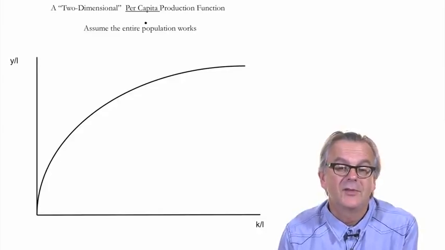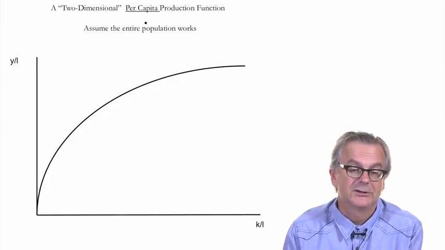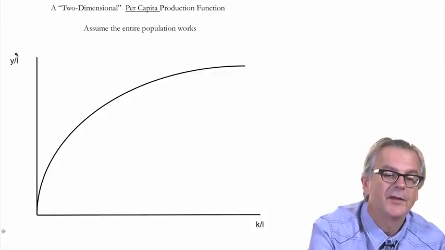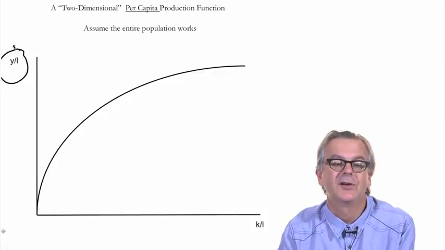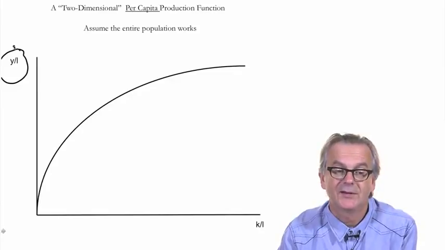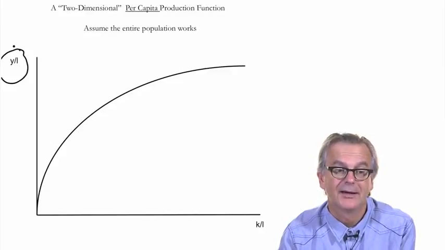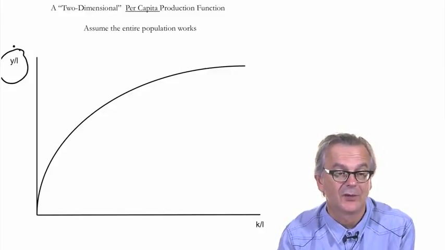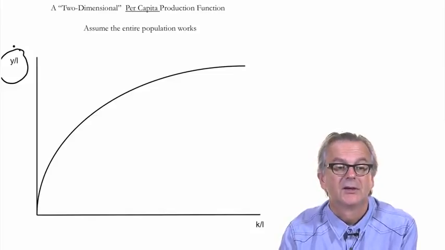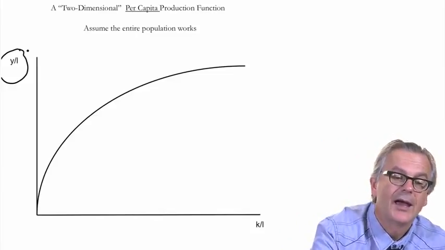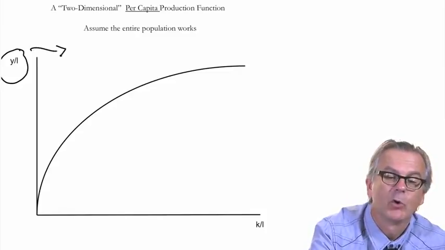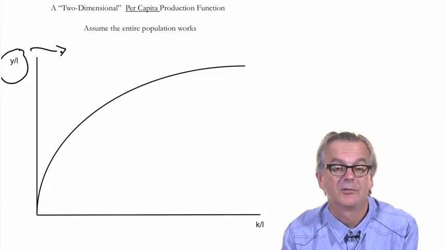So if we assume the entire population works and then measure on the vertical axis not just output as we did previously, but this time output per worker. So in that expression I have L. Now, L is the notation I'll use for my labour force. So what I have on that left-hand side is per capita output, or per worker output, I should probably say.